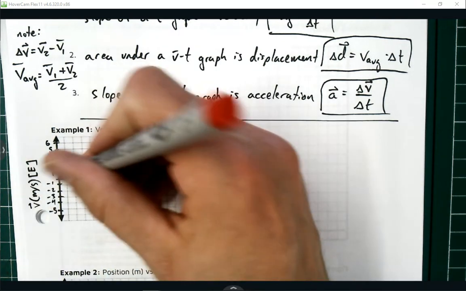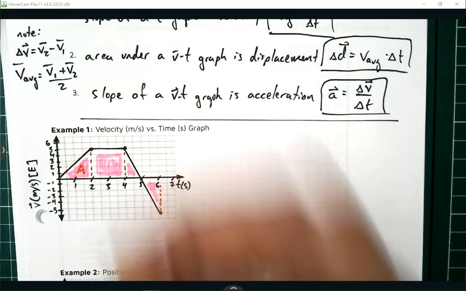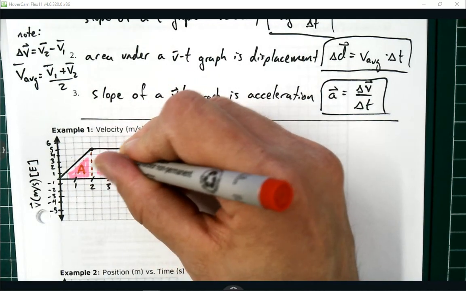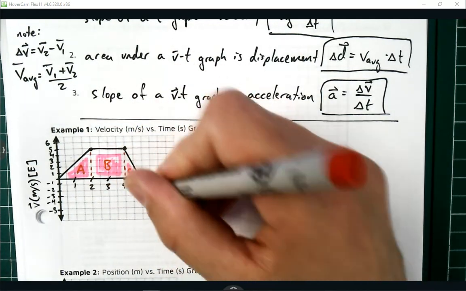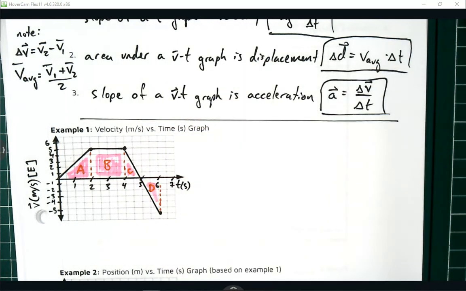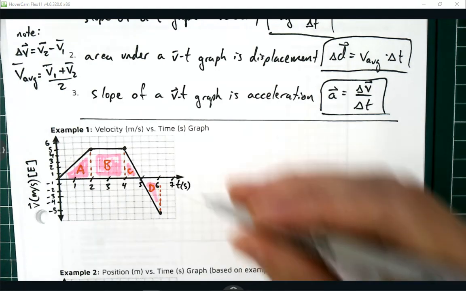And I would even say I've got area A, or region A, I've got region B, I've got region C, and I've got region D. And if I was somebody who's talking in maybe an old-timey way, there would be 4 legs to this journey. There would be leg A, leg B, C, and D. 4 distinct portions to this journey. And I want to be able to talk about what's happening in these 4 distinct portions.